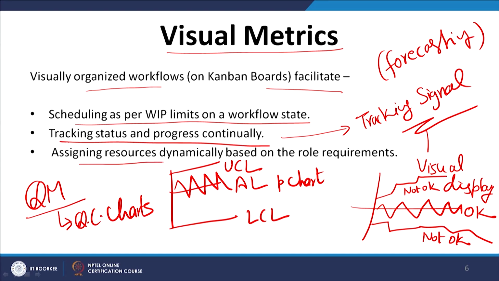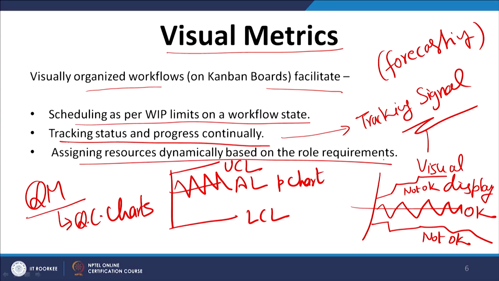Then assigning resources dynamically based on the role requirement. So, how different systems, different activities and tasks require resources. That is also possible dynamically: today this activity requires more resource, tomorrow this may not require more resource, some other activity will. So, you do not have a permanent assignment of resources to a particular activity.